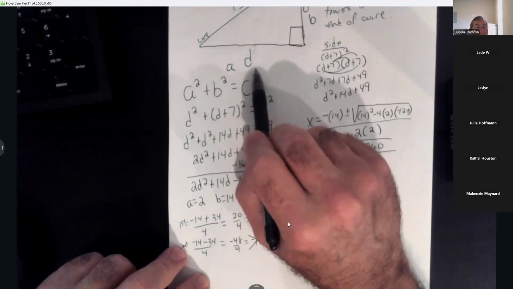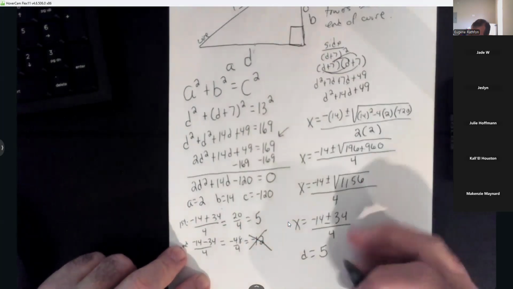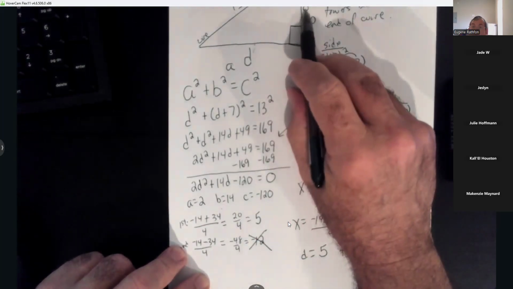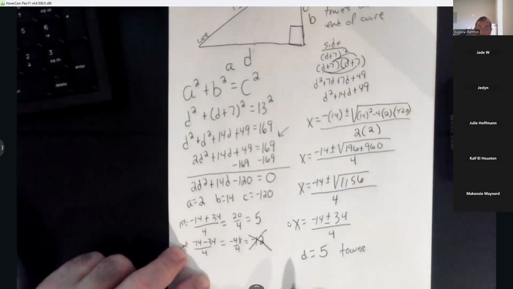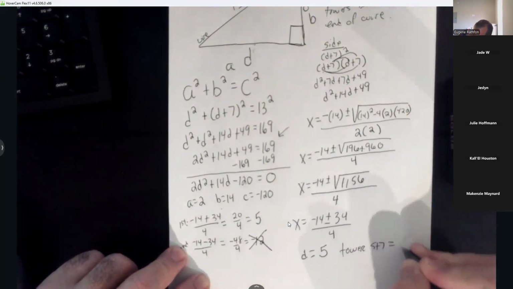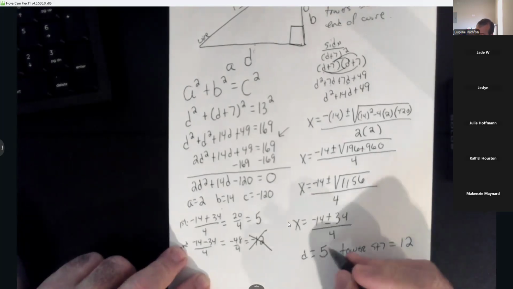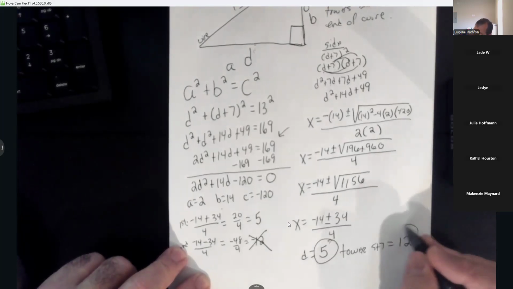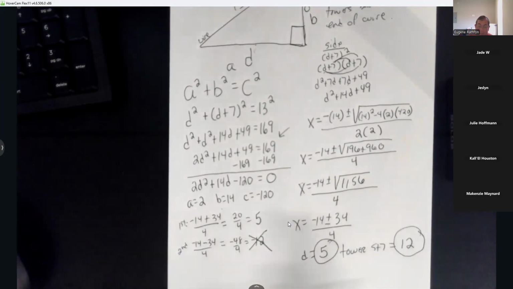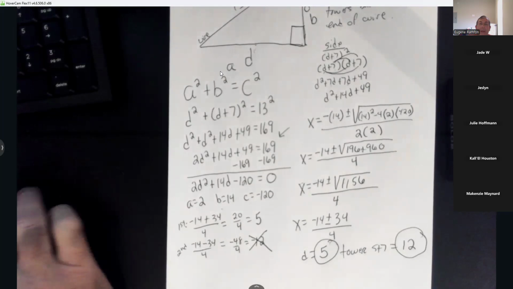So if this side D is 5, how tall is the tower? Well, the tower was D plus 7, so that'll be 5 plus 7, which gives me 12. So the distance is 5, and then the height of my tower would be 12. So you would go back to MATLAB and let's see how they want it.